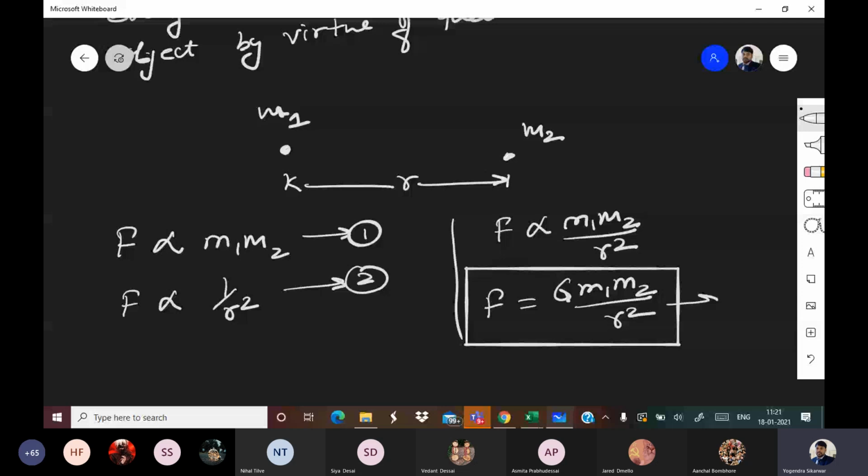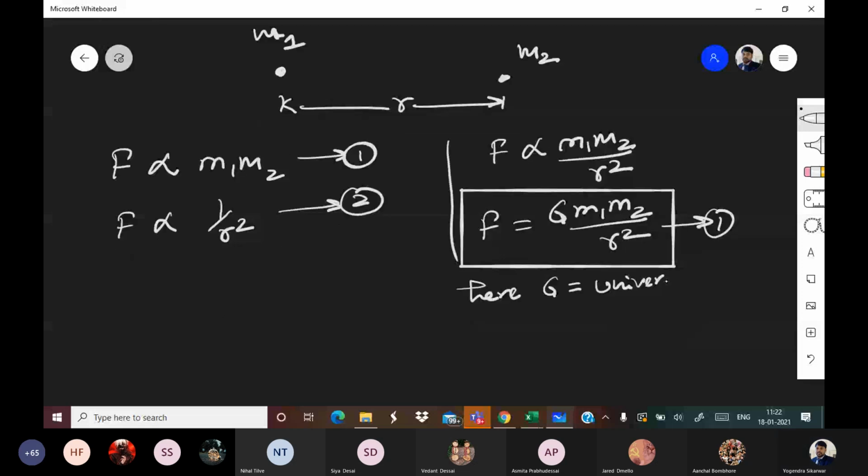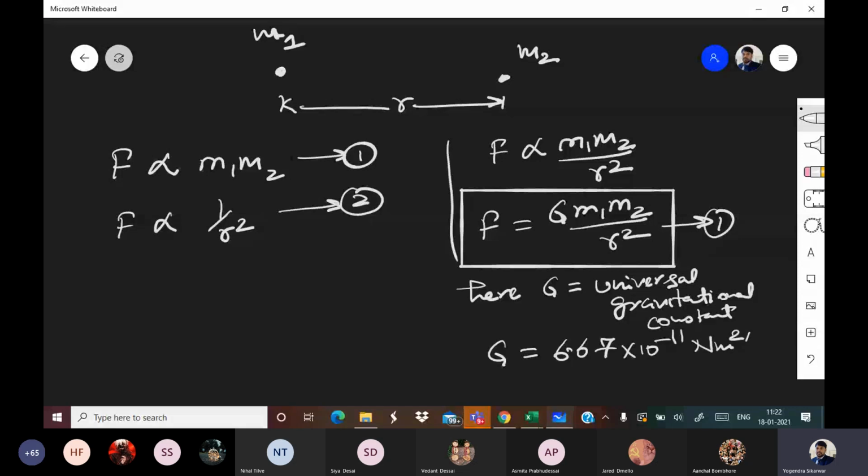Here G is the universal gravitational constant, and the value of G is 6.67 into 10 to the power minus 11 Newton meter square upon kg square. Why is it called the universal gravitational constant?